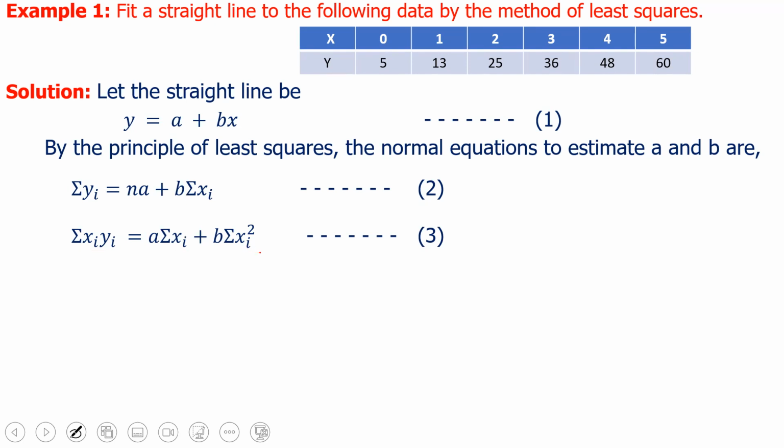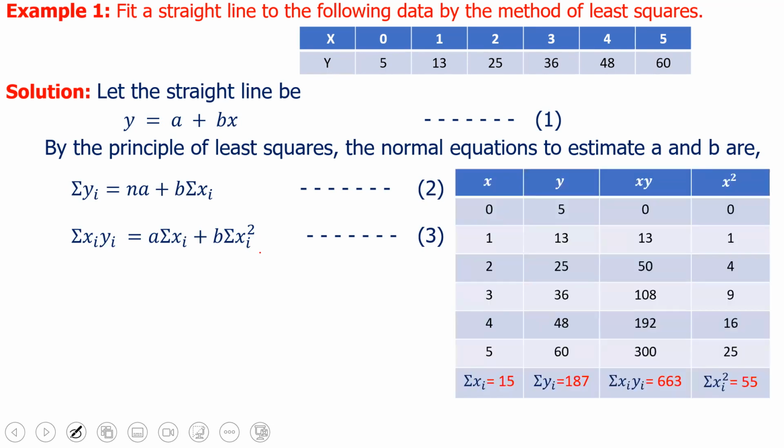With that, we are now able to make a table for calculating the value of sum of xi. The x is given, it is 0, 1, 2, 3, 4, and 5. Corresponding values of y are 5, 13, 25, 36, 48, and 60. Now, we have to multiply x into y.